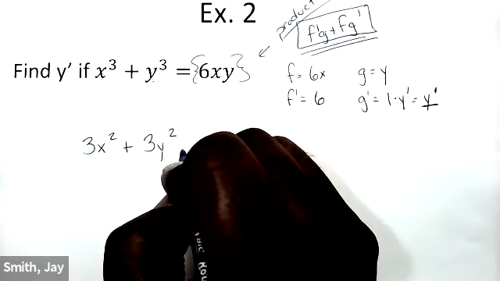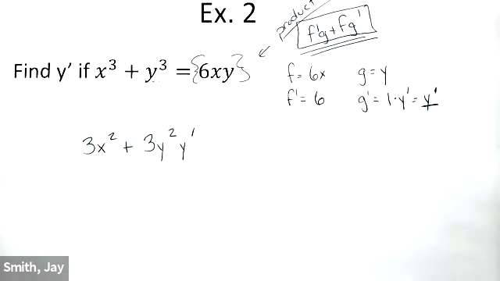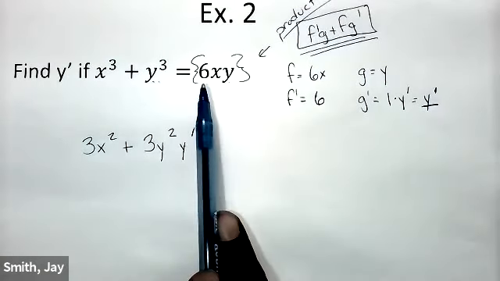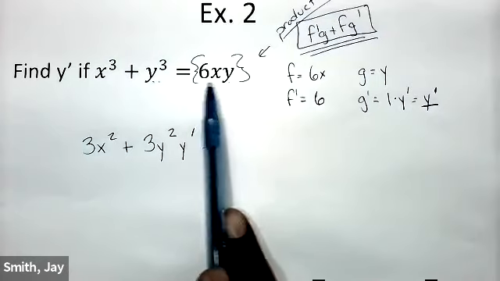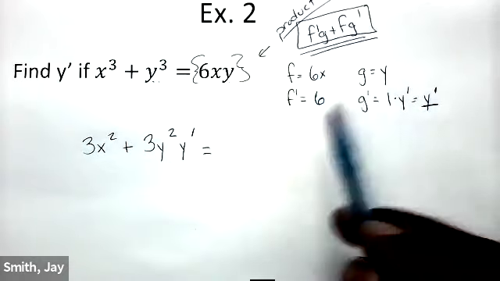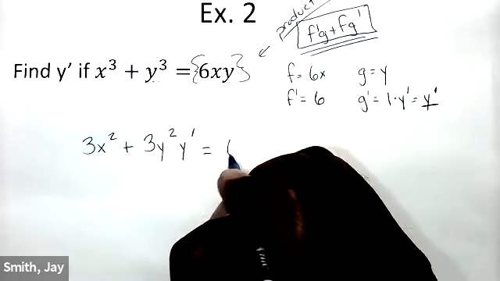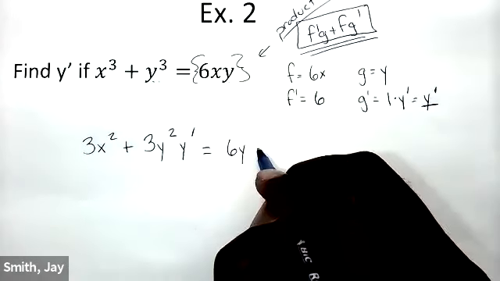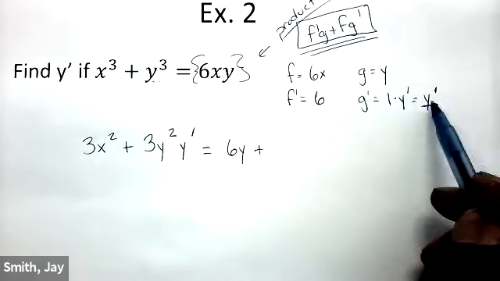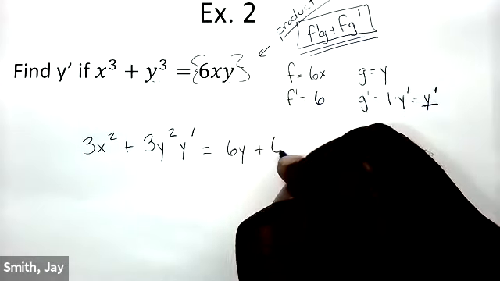And remember that we're taking the derivative of something defined by y, so we must attach a y prime. It's going to be equal to the derivative with respect to x of 6xy. That's what we're working on. It's f prime g, or 6 times y, 6y, plus f g prime, or 6x times y prime, which would be 6xy prime.